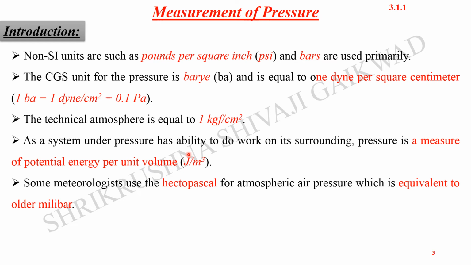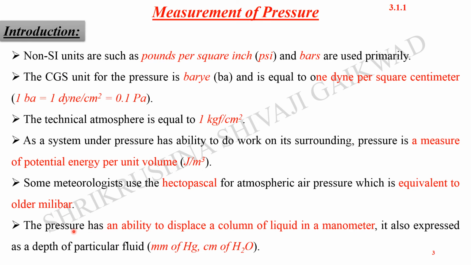Its unit can be joule per meter cube. Potential energy is measured in joules, and the volume unit is meter cube, so joule per meter cube is also a unit for the measurement of pressure. Some meteorologists use the hectopascal for atmospheric air pressure measurement, which is equivalent to the older millibar.